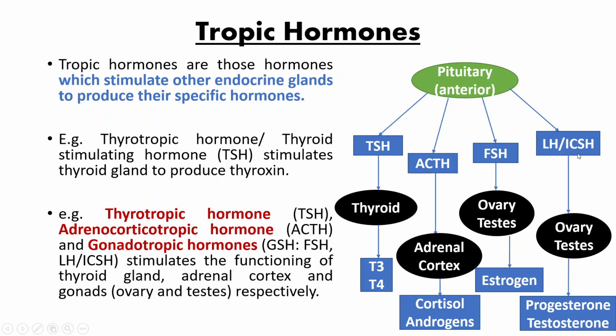Whereas FSH and LH or ICSH act on either ovaries or testes and regulate the secretion of estrogen, progesterone and testosterone. So all of these four hormones, TSH, ACTH, FSH and LH or ICSH, act on different endocrine glands and regulate their secretion of specific hormones. So they are all tropic hormones.